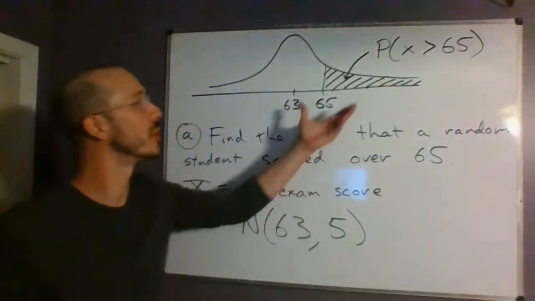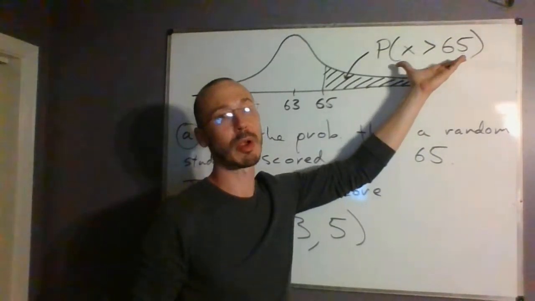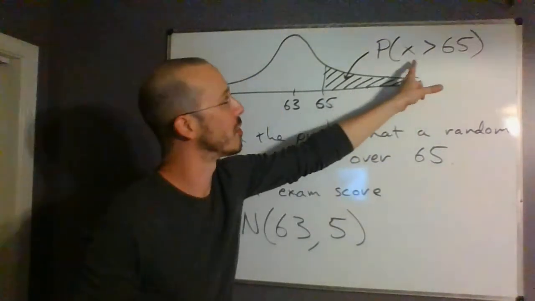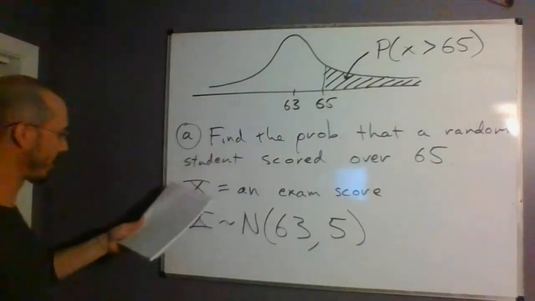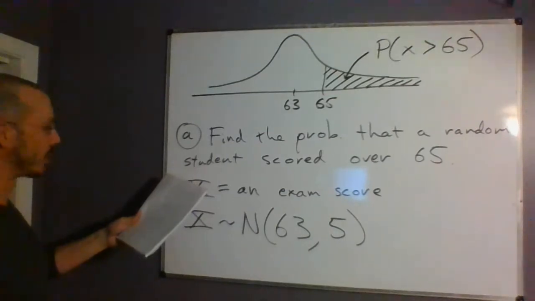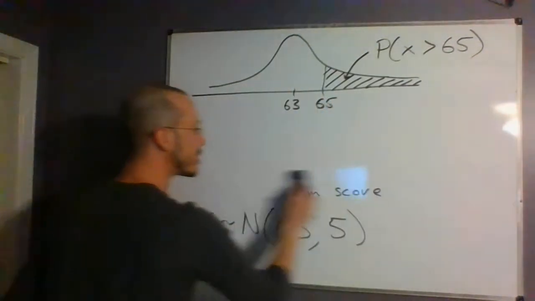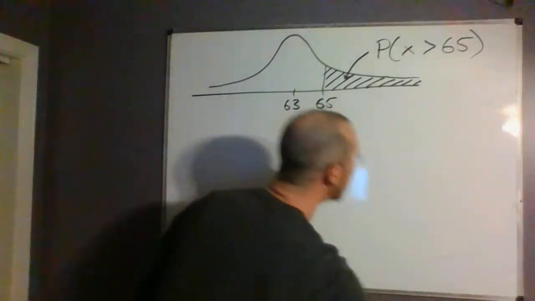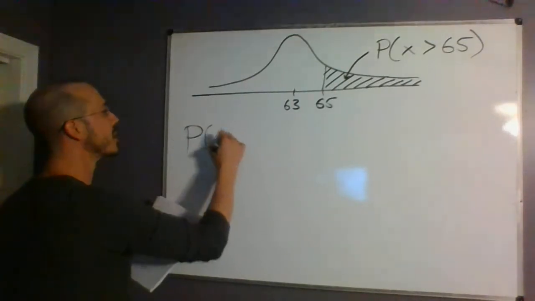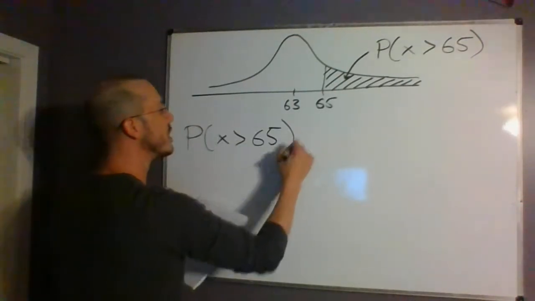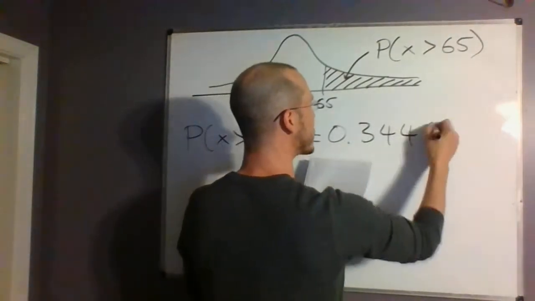That's the probability notation for what we're going to compute here. First, I'm going to write it down so we can discuss the meaning of it. The probability that X is greater than 65 is 0.3446.